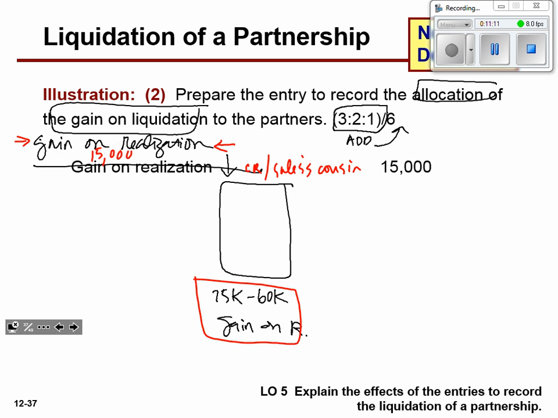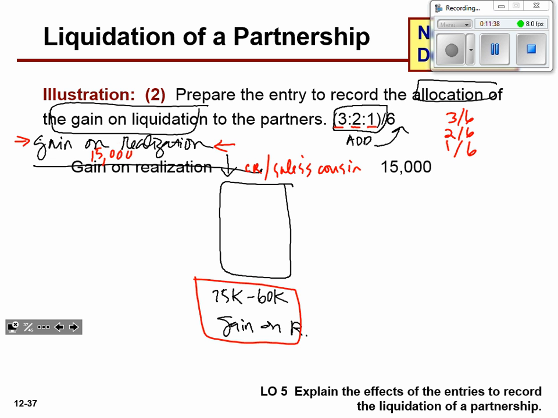The partners. I don't know if they've ever said who the partners are. I can tell that there's 3 because we have a 3 to 2 to 1 ratio. When you see it in this format, you take 3 plus 2 plus 1 and add them up. So one partner gets 3/6 or half. One partner gets 2/6. Another partner gets 1/6.